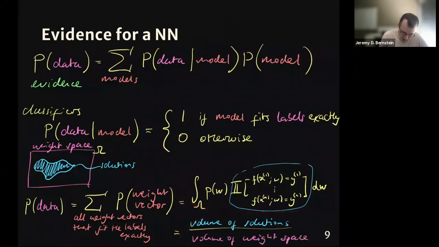If this indicator function wasn't there, we would just be integrating P of W over the whole space and we would get 1. But because we put this indicator function here, we're just picking out things that are solutions. So we only integrate the measure over the solution space.